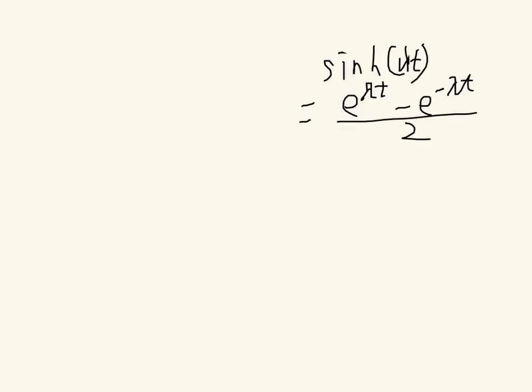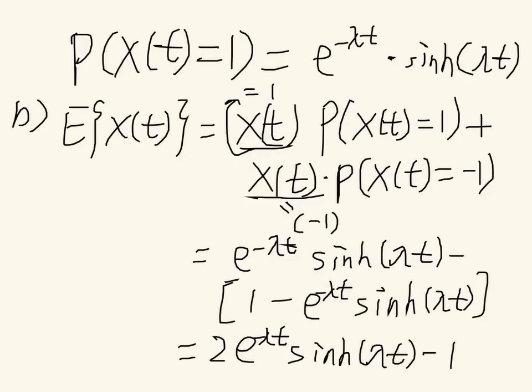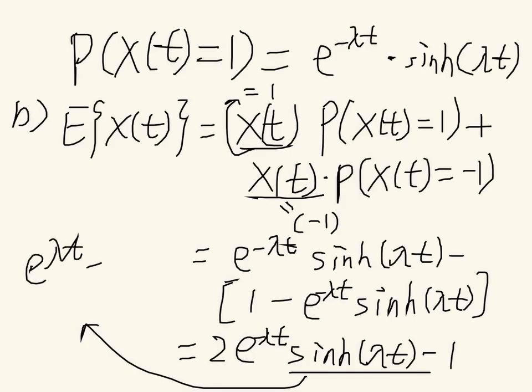So this term is equal to e to the lambda t minus e to the minus lambda t, times e to the minus lambda t.